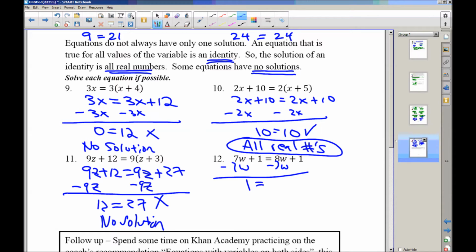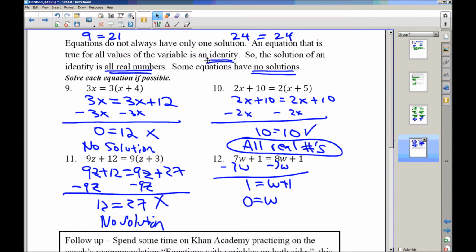I get 1 equals w plus 1. This is not a no solution or infinite solutions or all the numbers answer. This is subtract 1 from both sides and we get 0, and w is 0. So the only thing that makes this equation work is 0. It has only one answer. Okay. Number 9 and number 11 had no answers that make them work, and number 10 has all the answers to make it work.